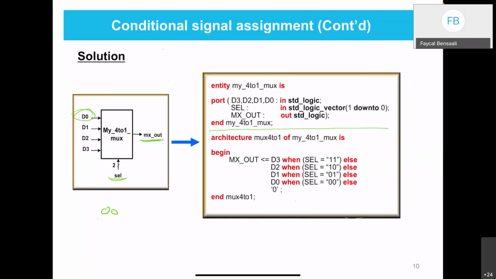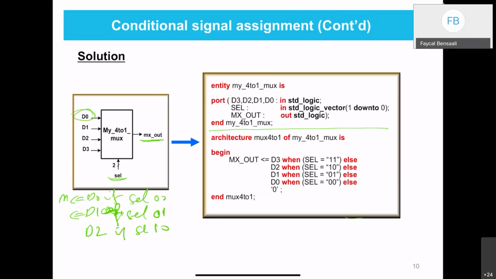M is equal to D1 if select is equal 0 1. M is equal to D2 if select is equal 1 0, right? This is what we know about the multiplexer.